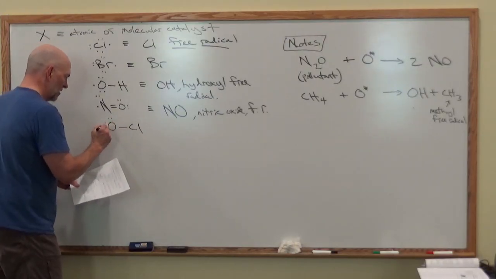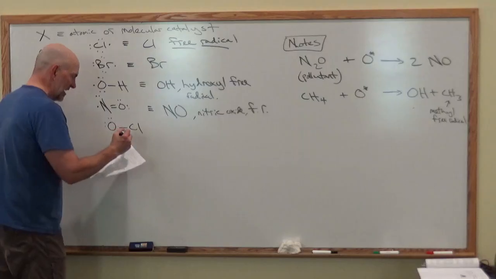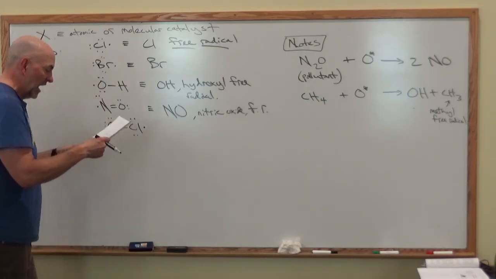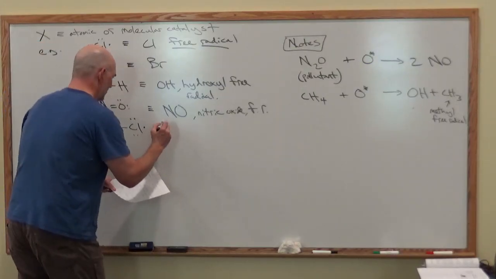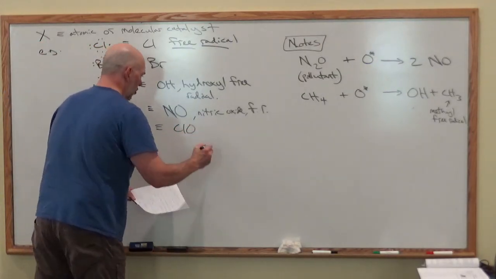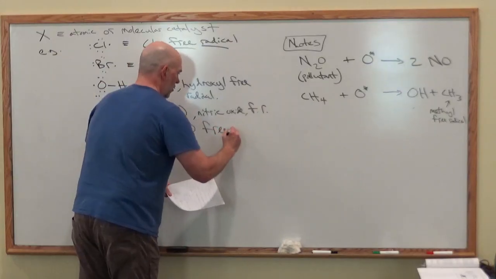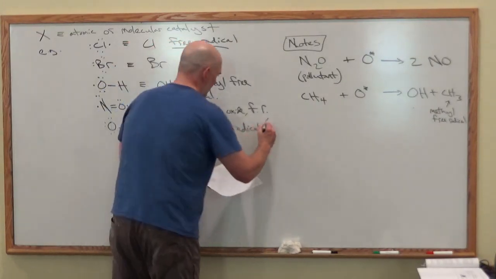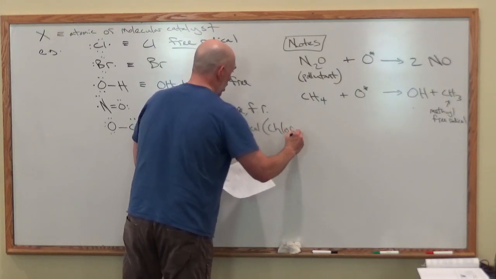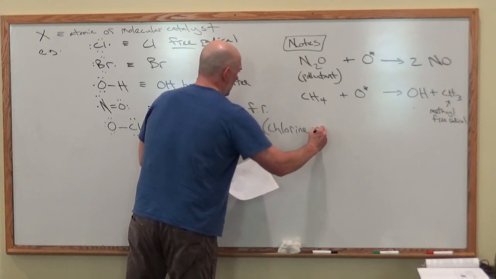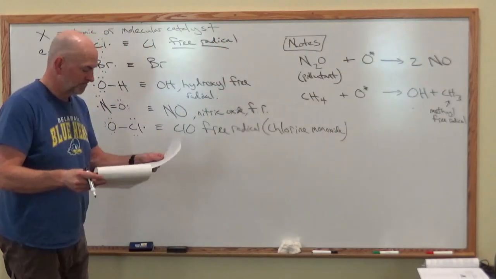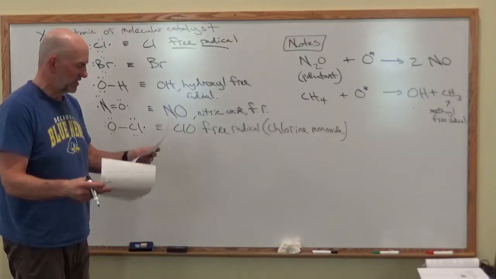In this case, the oxygen has the octet, and the halogen, the chlorine in this case, has it. This is called a ClO free radical, or well, I guess you could call it chlorine monoxide free radical.